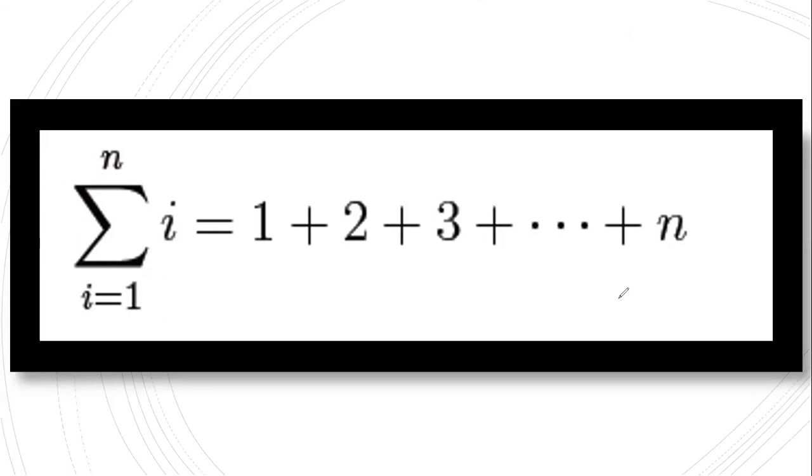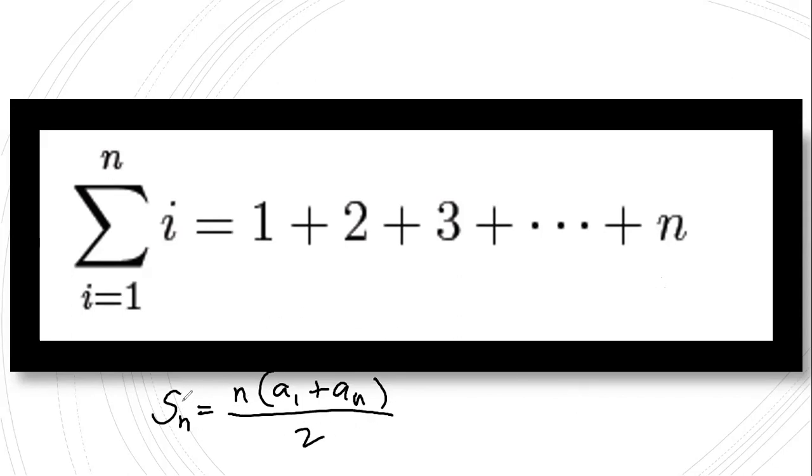This series is just an arithmetic series wherein the common difference is 1. And as we remember, in the arithmetic series, the formula is S sub n is equal to n times the first term plus the last term, all over 2.